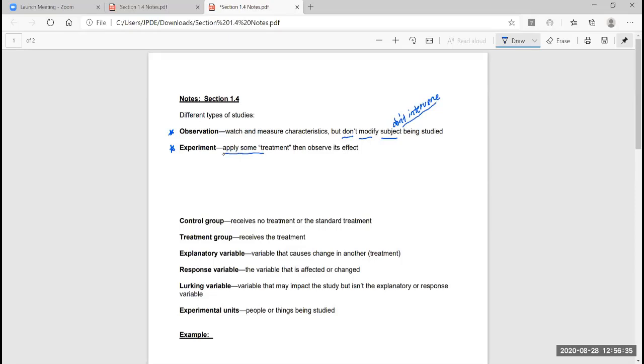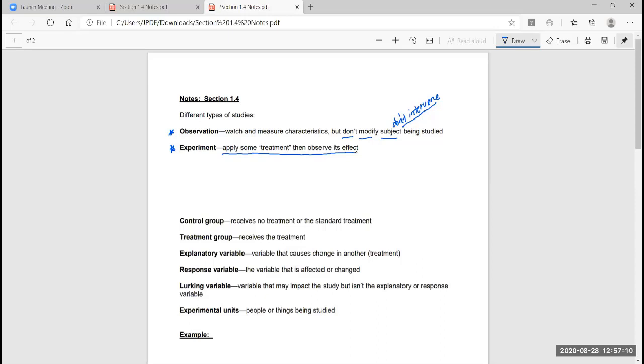There is some sort of treatment that you're applying, and I have treatment in quotes because the treatment can be something like a medication, or the treatment can be something like being nice to someone or being mean to someone, or giving a group tutoring, or having a group read a certain study or read a particular book or follow a particular diet.